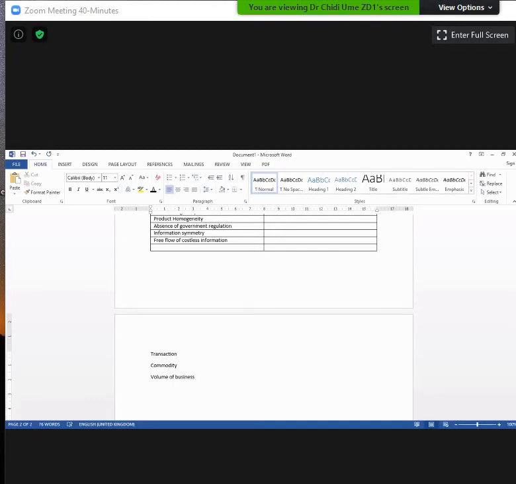You see a wholesale market or retail market, and all that. You can also classify a market based on the degree of importance. You see a primary market.